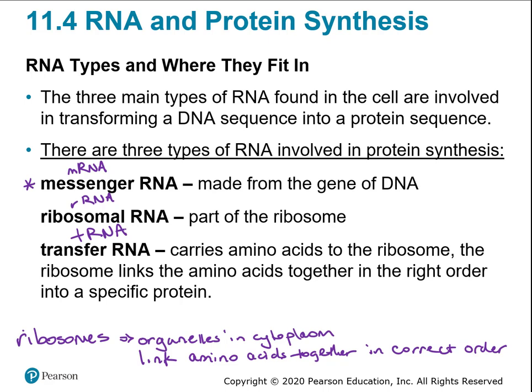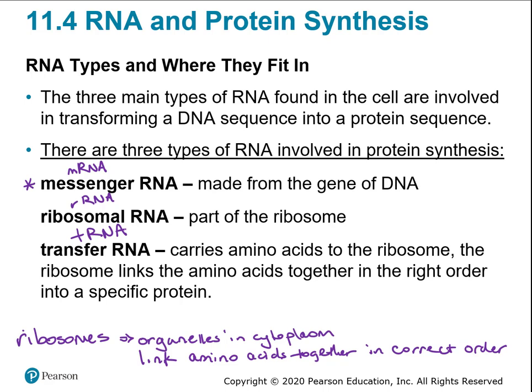So a tRNA's job is to carry amino acids to the ribosome so the ribosome can put them together. So it's all based initially on the sequence of the DNA.